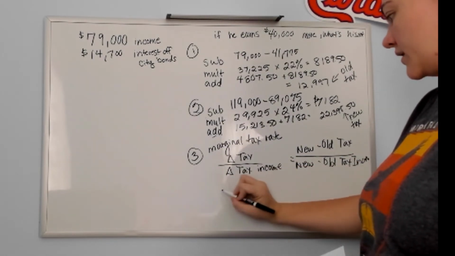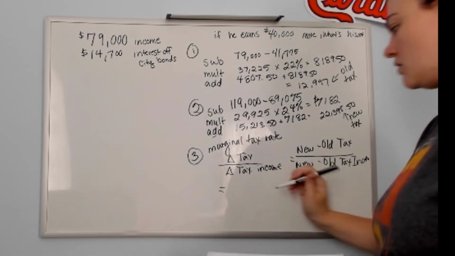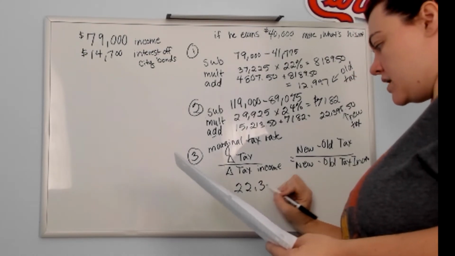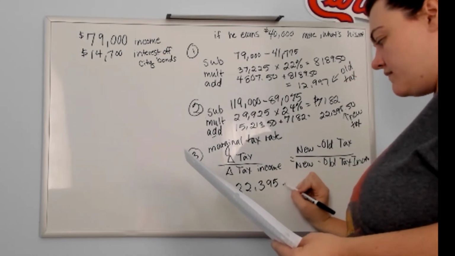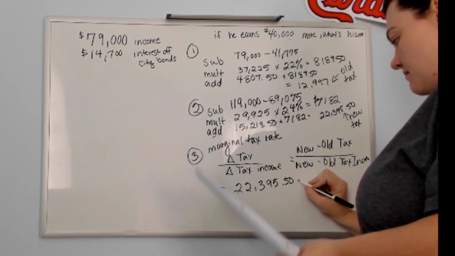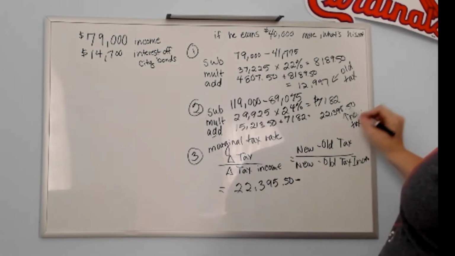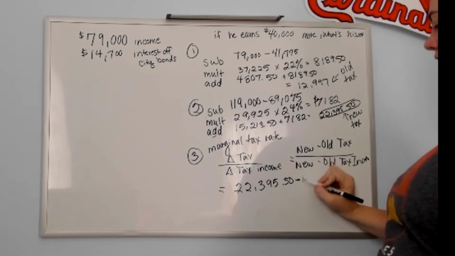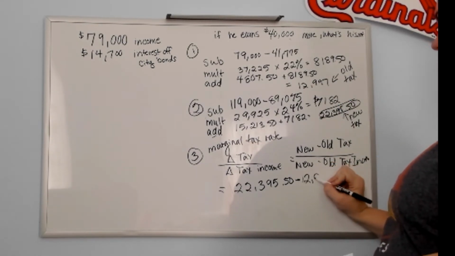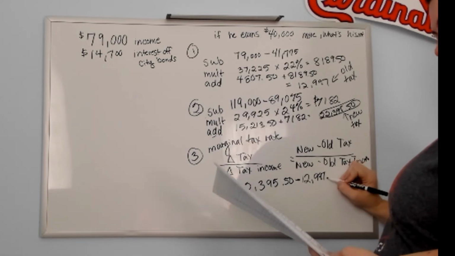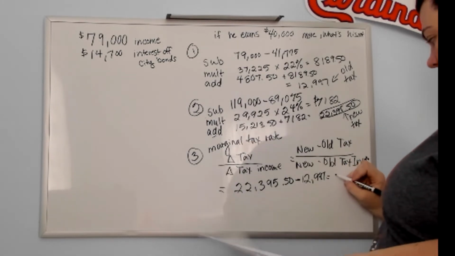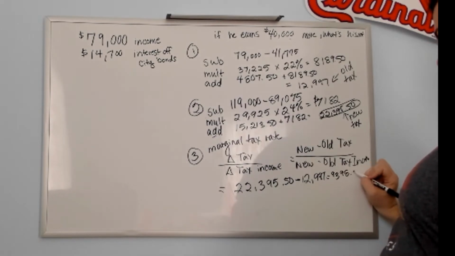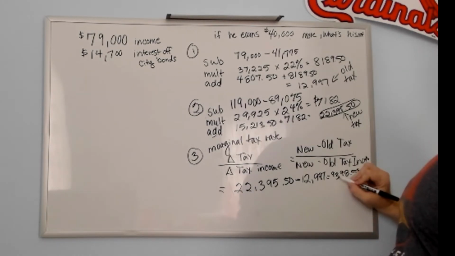So what we're going to do is come down, and you'll have $22,395.50 minus, so that's right here, there's your new tax. And then we're going to subtract out the $12,997, which gives us $9,398.50.